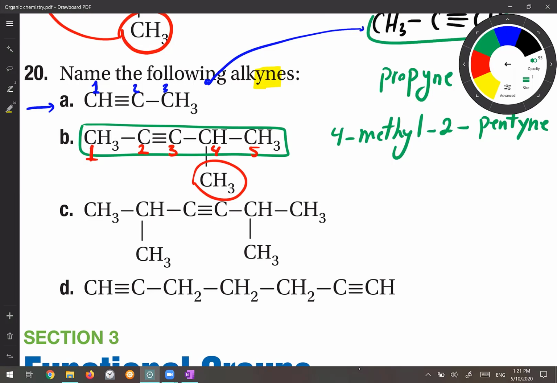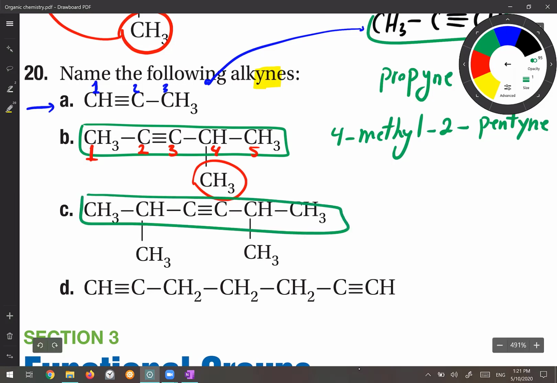Again, you have 1 triple bond in the molecule, so you have to choose the longest chain. This is the longest chain that I have here. I have 2 branches. Now I have to number the parent. Here, no matter from which side you number it, the triple bond is exactly at the middle of the parent chain.